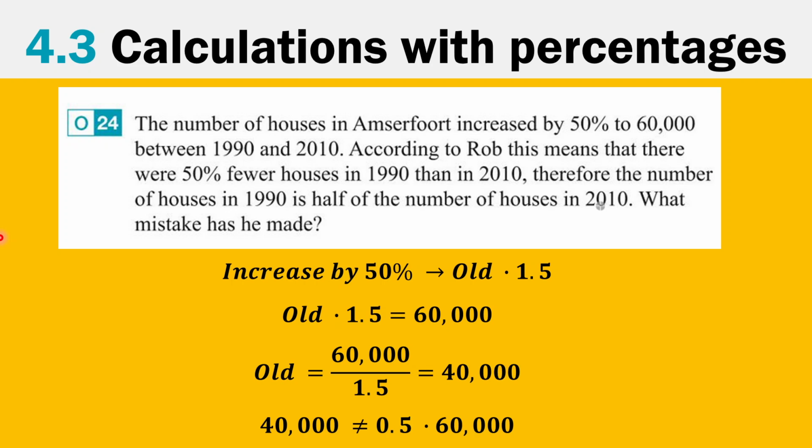I can now say that old is 60,000 divided by 1.5. Remember the balance method, right? I divide left and right by 1.5. That gives me 40,000. And 40,000 certainly is not half of 60,000.